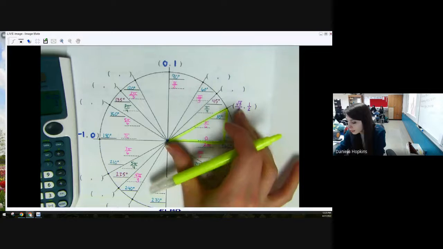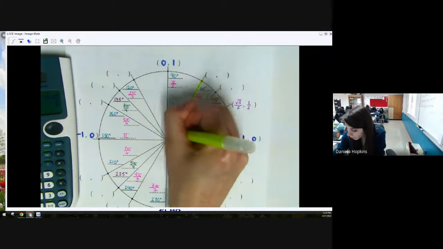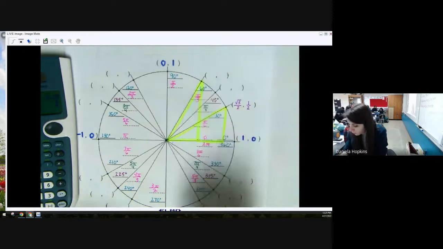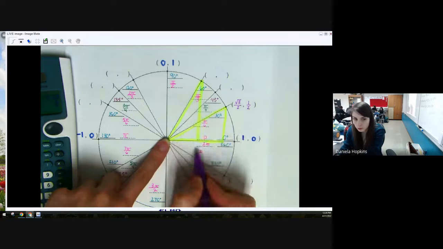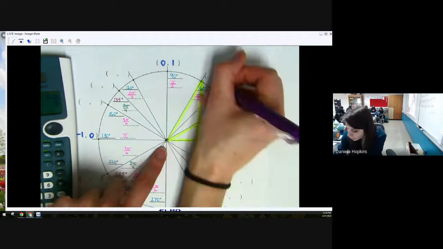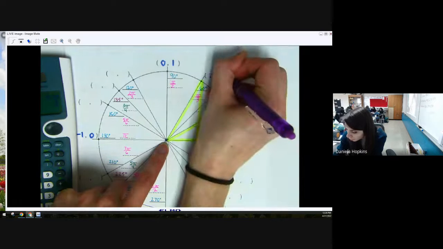Then if we just take this triangle and flip it, it's still the same triangle, but now our height and our base have swapped. So now it'd be 1 over 2 as our x and the square root of 3 over 2 as our y.